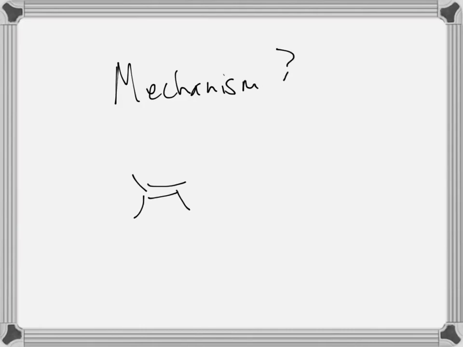If I'm going to ask a mechanism, so here we go, mechanism, dun dun dun, mechanism for... Do I ask that question? I have never asked that question, and I never will. What would I ask?